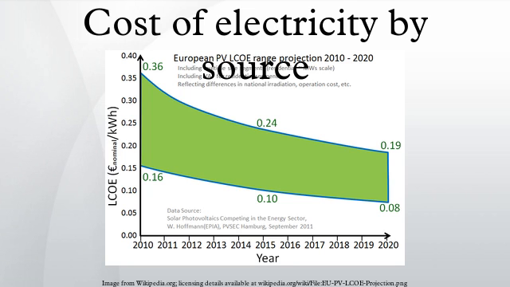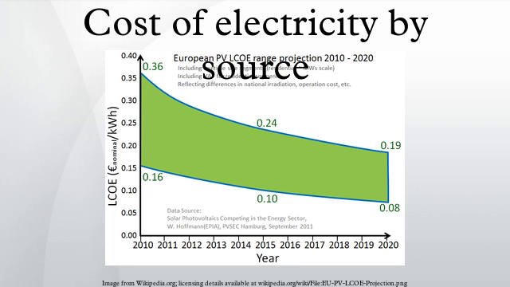It can be defined in a single formula, where LEC equals average lifetime levelized electricity generation cost, I_t equals investment expenditures in the year t, M_t equals operations and maintenance expenditures in the year t, F_t equals fuel expenditures in the year t, E_t equals electricity generation in the year t, r equals discount rate, and n equals life of the system.